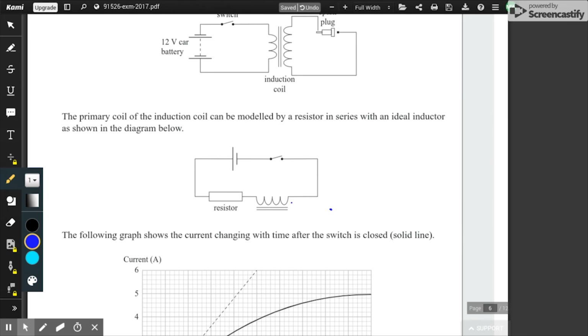As the current is changing, as it's increasing, we have this magnetic field being established. Now, as that magnetic field is established, it produces an opposing flux, which creates an opposing voltage in the circuit. So as the current is increasing, this inductor is producing a voltage to oppose that.